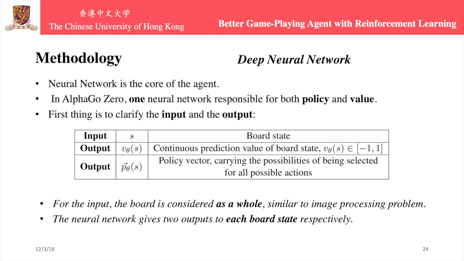The neural network will give two outputs to each input, that is to say each board state respectively. Traditionally, one neural network only has one output, but in the AlphaGo Zero neural network, it has two outputs.